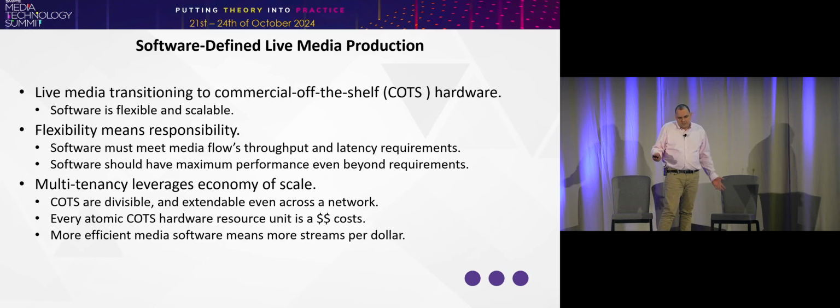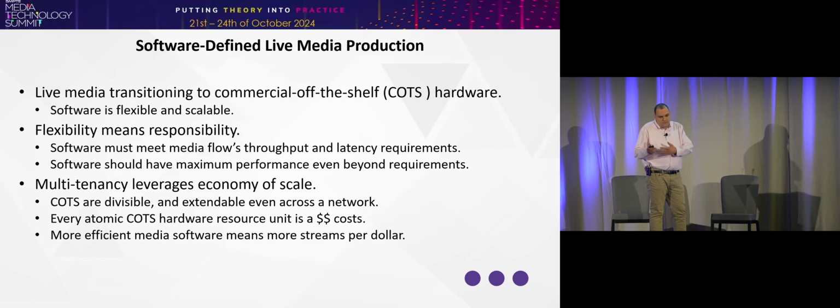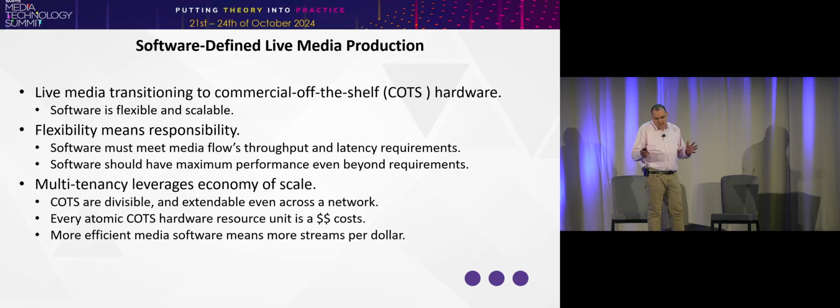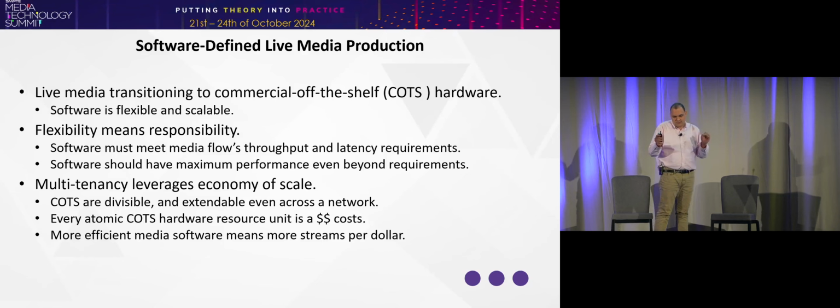They're divisible, and furthermore, they might extend across the network. This circles back to why you want to make sure they perform at their best, so that you can fit as much software into one unit of hardware infrastructure as possible.